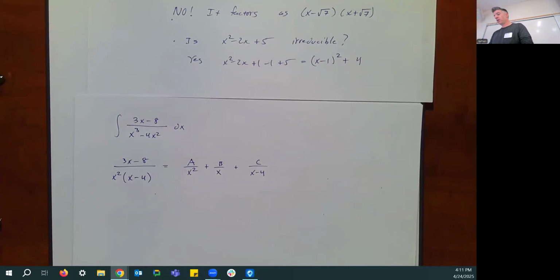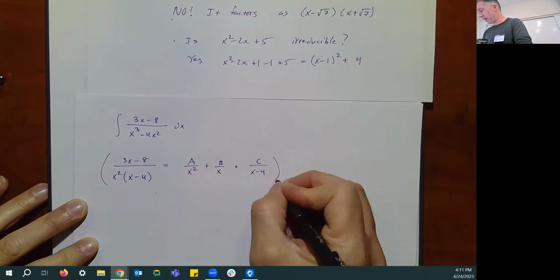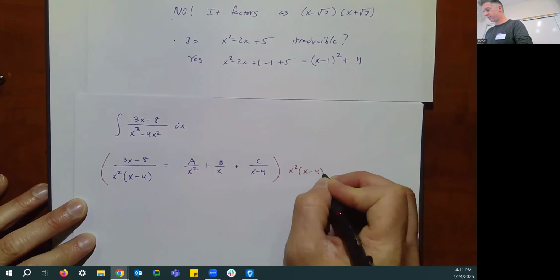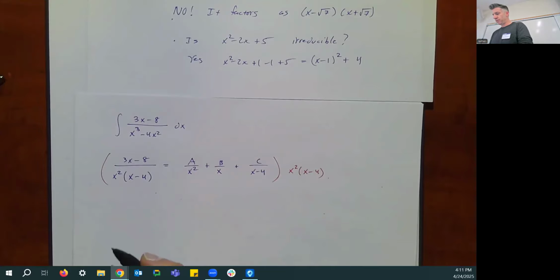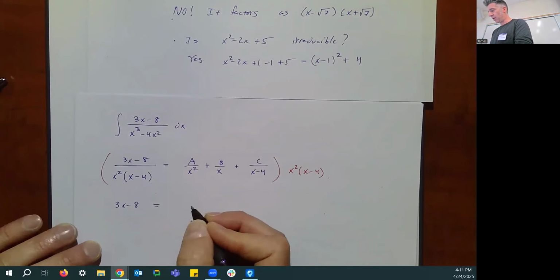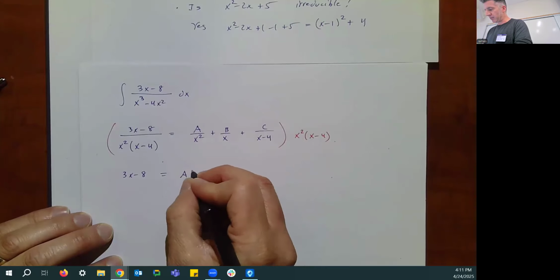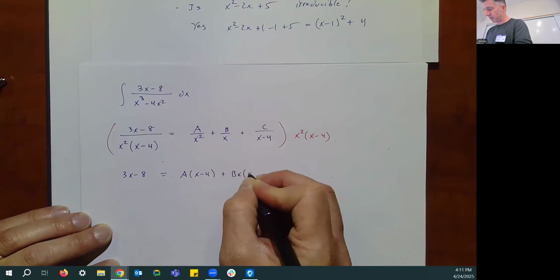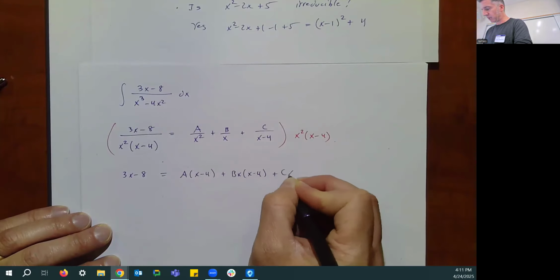I'll point out, whenever you have a repeated linear factor, like we do here, you're always going to run out of nice values of x to help you solve for A, B, C, and D. So multiply both sides by our least common denominator, x squared times (x minus 4). When we do that, we always just get the numerator on the left-hand side. On the right-hand side, we're going to get A times (x minus 4) plus B times x times (x minus 4) plus C times x squared.